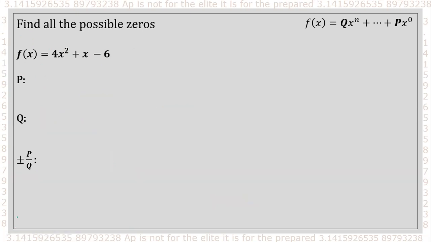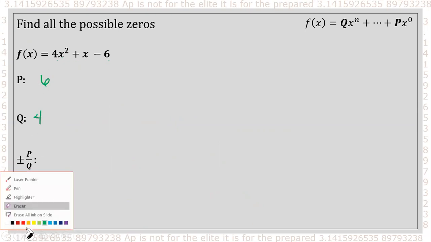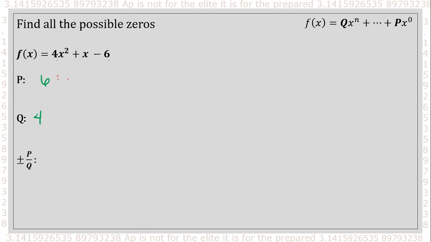So go ahead and try this one on your own. This one's going to have a lot more zeros because, as we can see, both of these are not prime numbers. This is 6, this is 4. And when you go ahead and factor them out, oops, I put a negative, but that doesn't matter. When you factor this out, you can go ahead and see that there are way more values, right?